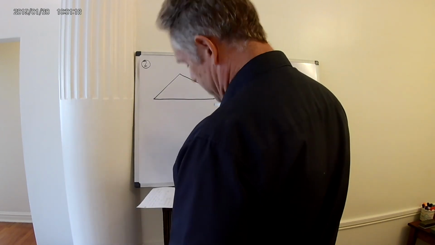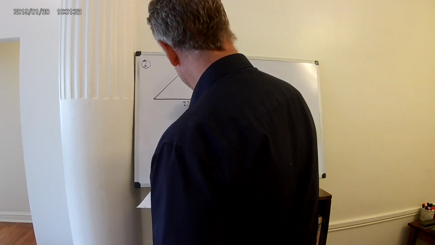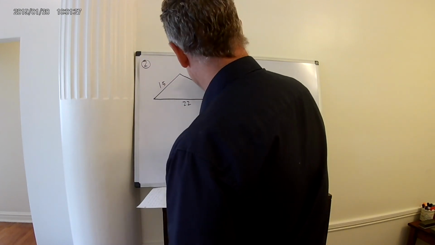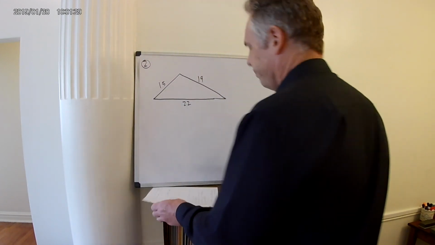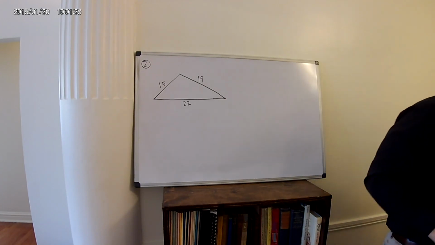Let's see, what we know here is this side is 22, this side is 15, and this side is 19. All right, this is what we know.